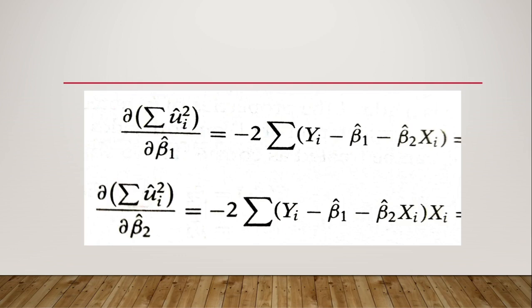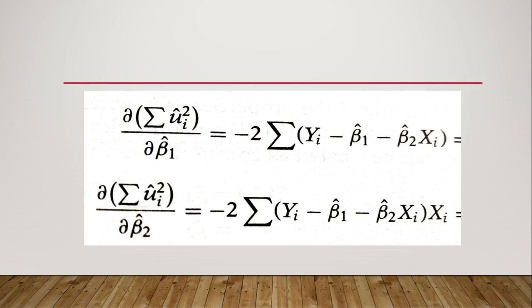So when we differentiate sigma ui hat square partially with respect to beta 2 hat, we get 2 into sigma (yi minus beta 1 hat minus beta 2 hat xi) into minus xi. So there we have minus xi is equal to minus 1 into xi.